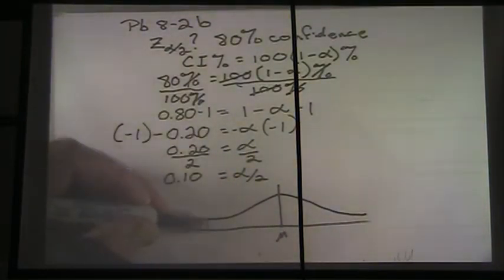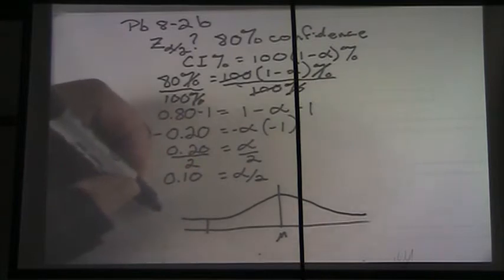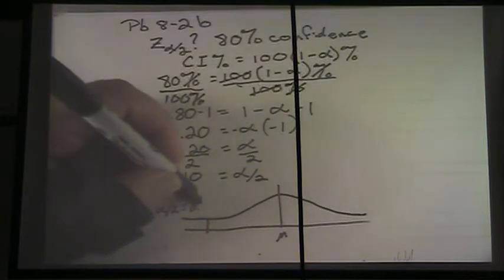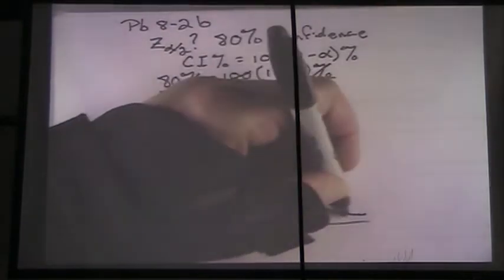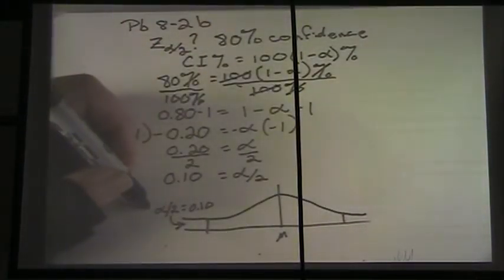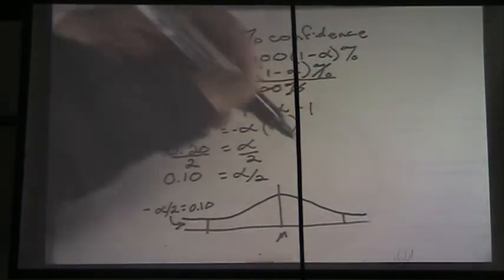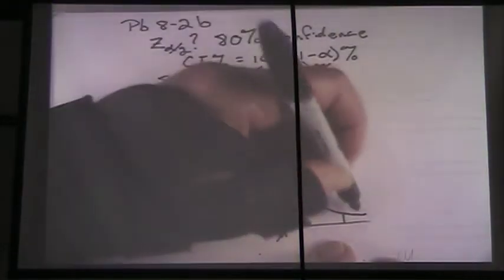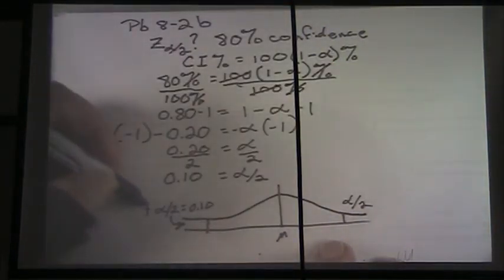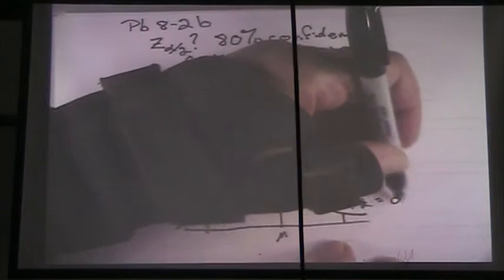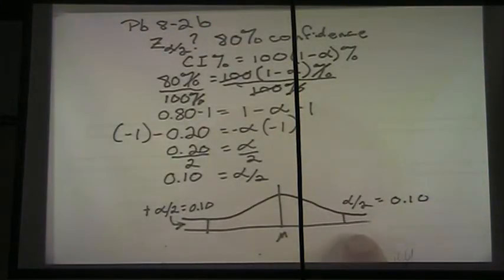So that means we're looking for where alpha divided by 2 equals 0.10 on this side, our negative alpha divided by 2, and our alpha divided by 2, leave it as positive, is also 0.10 probability on this side.